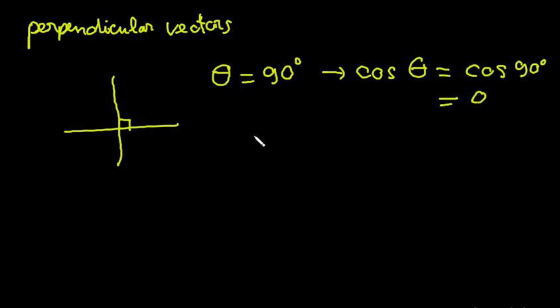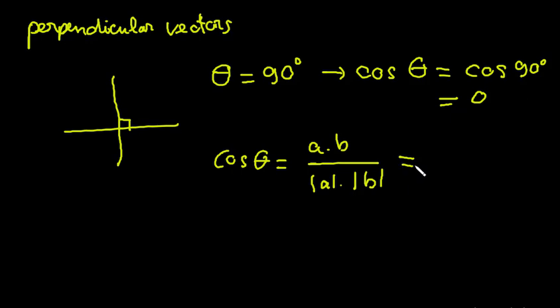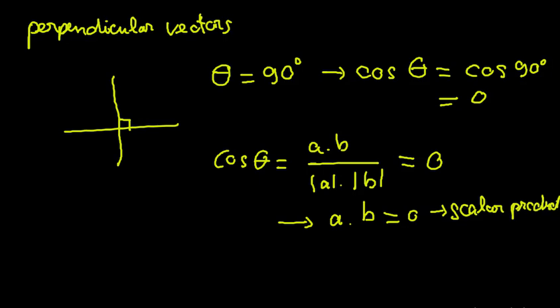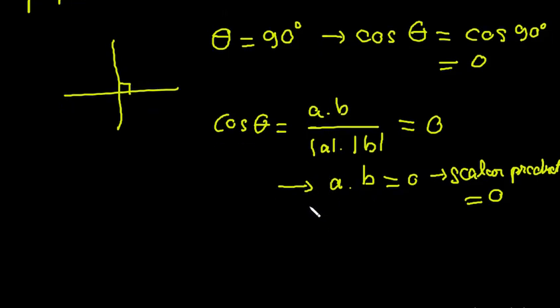And you know that cos of theta is equal to A multiplied by B over modulus of A multiplied by modulus of B. So this will be equal to 0, which means that A multiplied by B equals 0. So in order for two vectors to be perpendicular to each other, their scalar product must be equal to 0.